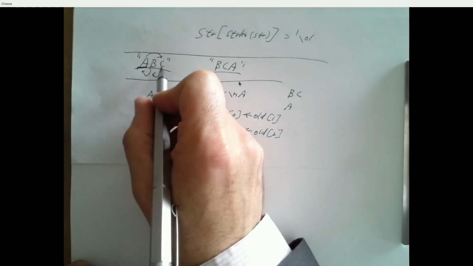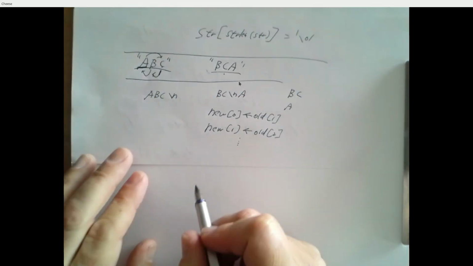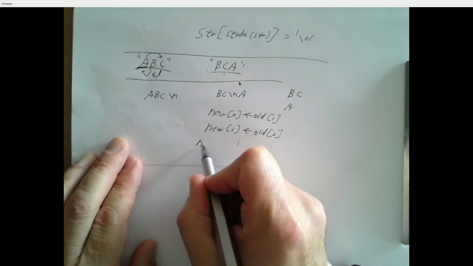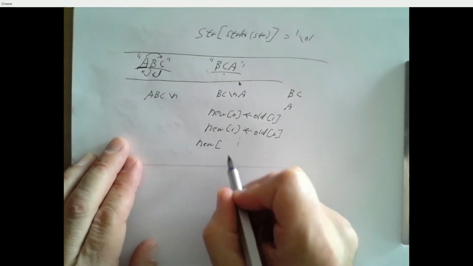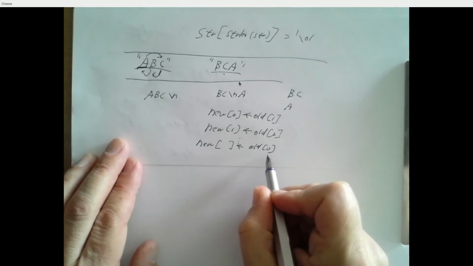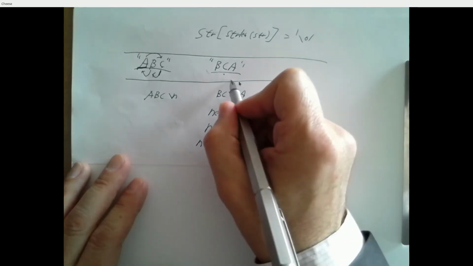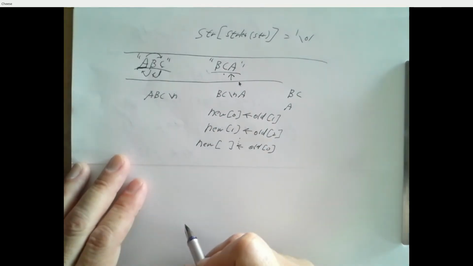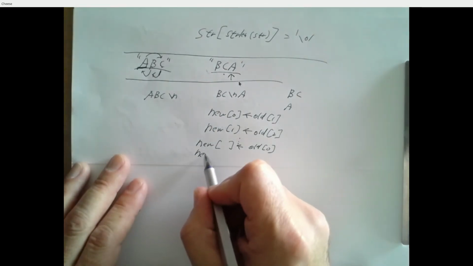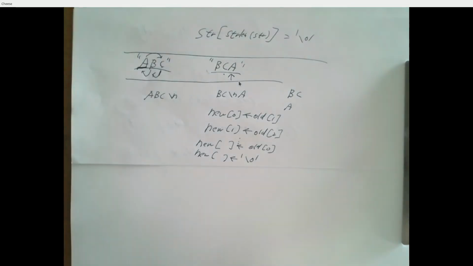So in this case, it's character 2, which gets copied to index 1. And then take character 0 from the old and put that into your new array. And you've got to figure out what this position is. And then add a null terminator.